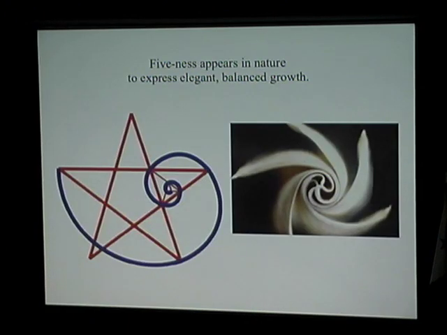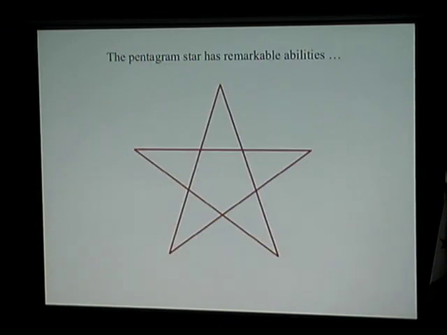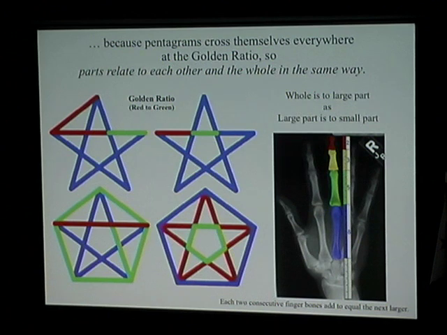Now, this idea of fiveness, pentagonal symmetry, appears in nature. And when you see it in five-petaled flowers, starfish, and elsewhere, it indicates elegant, balanced growth, a balanced unfolding.